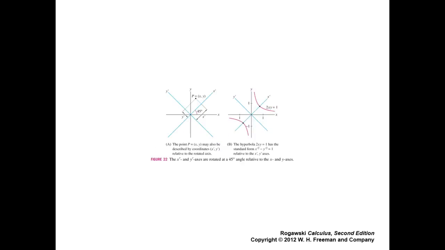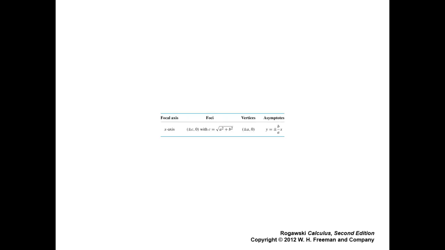Let's see if I can find it. Yeah, this one right here. That's your A, that's your B, and that's your C. Doesn't matter what the D's, E's, and F's are. That gives you your discriminant. And that tells you then, using that, then you get to this. Again, we're not using it, so don't get hung up about it.